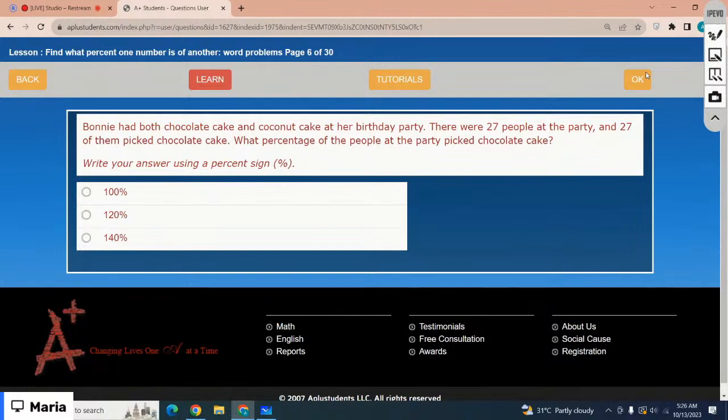Okay, so which is the correct option? That would be 100%.